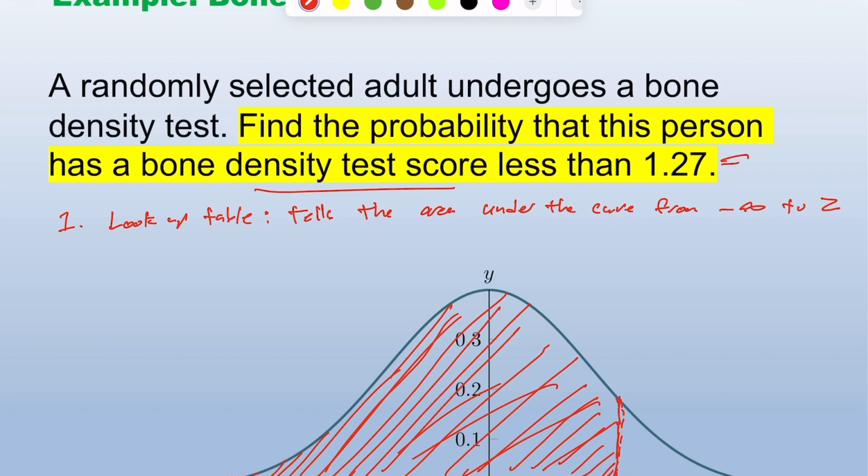The z-score, the bound, 1.27, it gives us all that area. That's what the table gives us. It gives us the area from negative infinity up to here. All right, let's take a look.